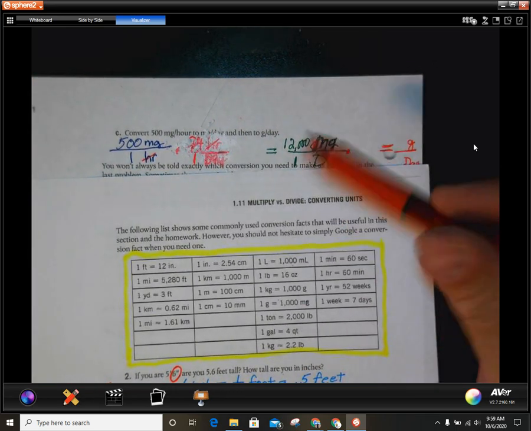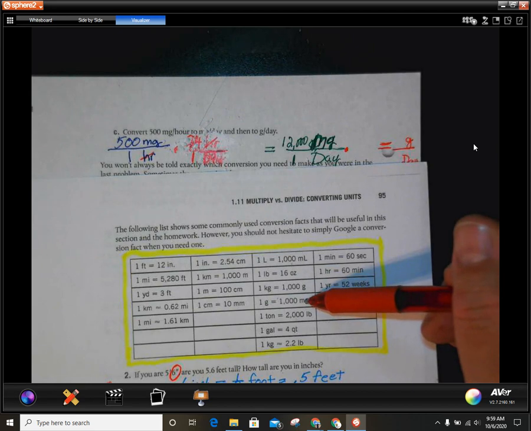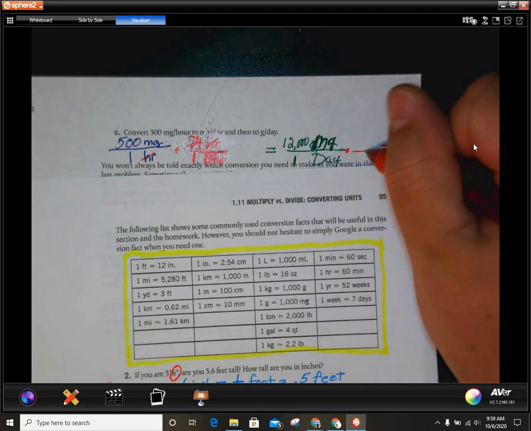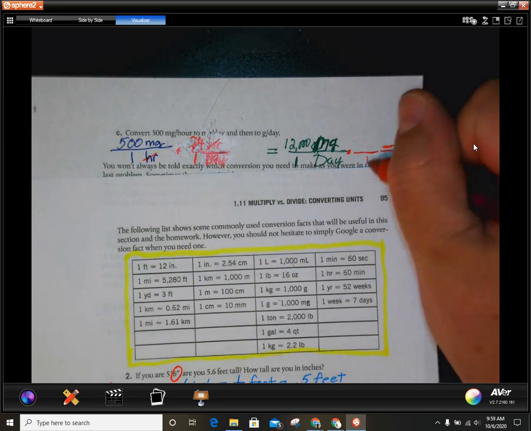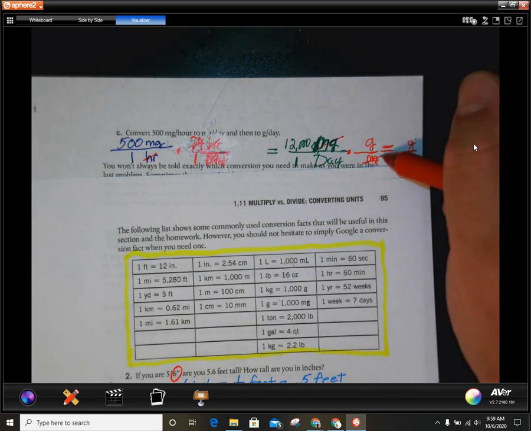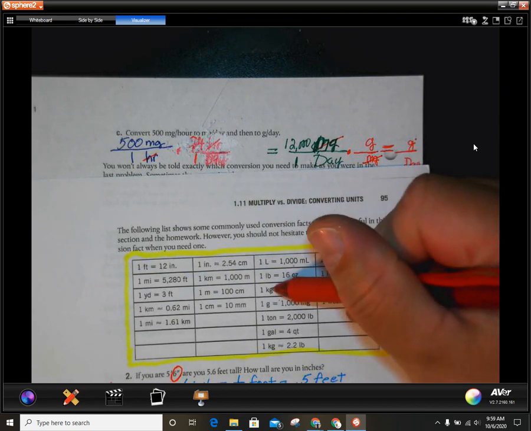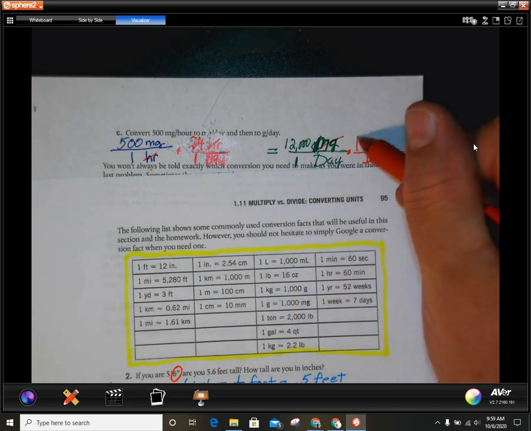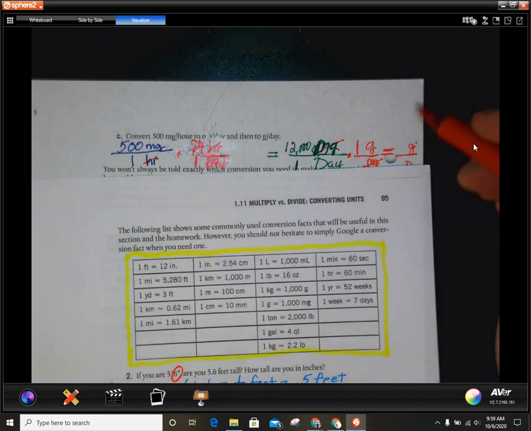Let's see, milligrams to grams. There's 1 gram in 1,000 milligrams. I want my milligrams on the bottom, grams on top, so that I get grams in the answer. My milligrams are going to cancel.